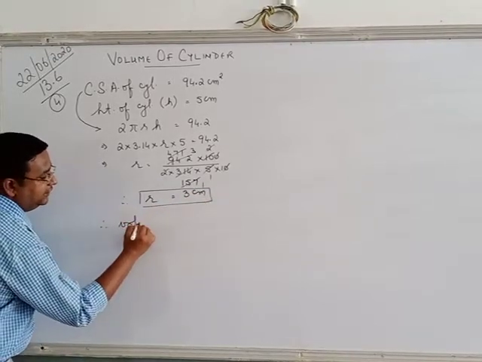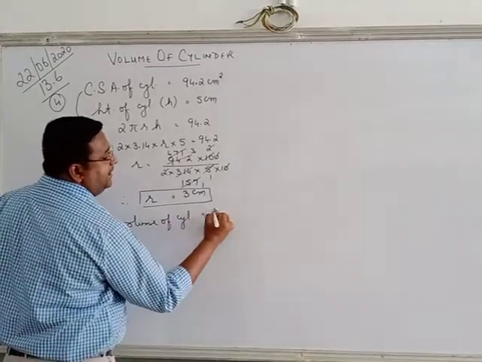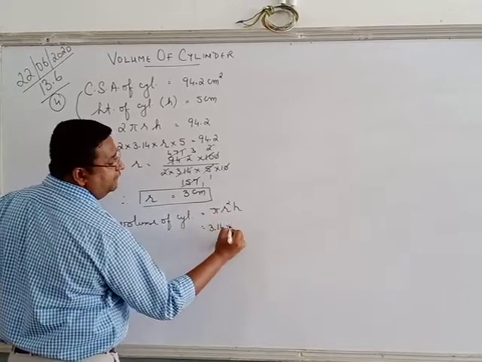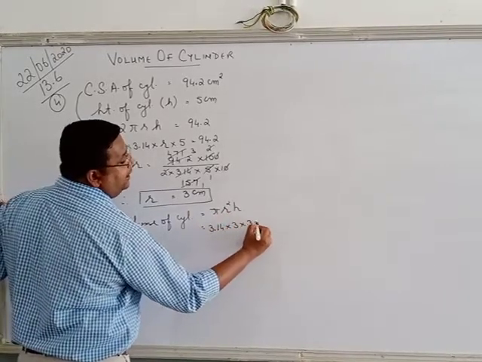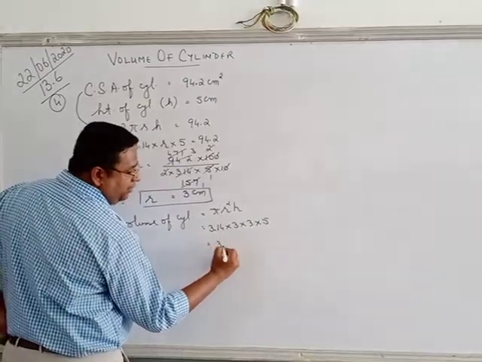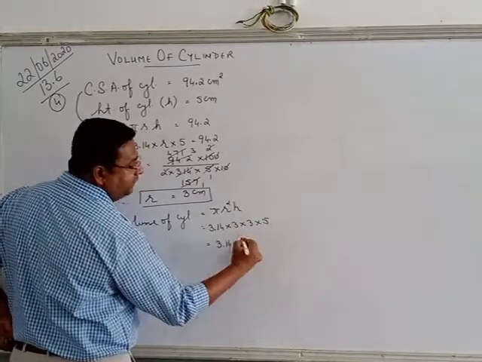So volume of cylinder, formula simple, pi r square h. Again pi 3.14, radius 3 into 3, height 5. Can we do the calculation? 3.14 into 3 3s are 9, 9 5s are 45.